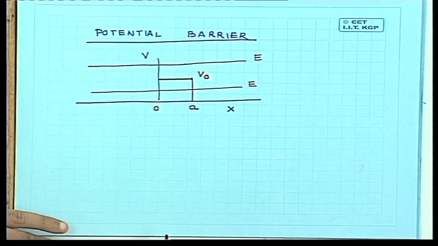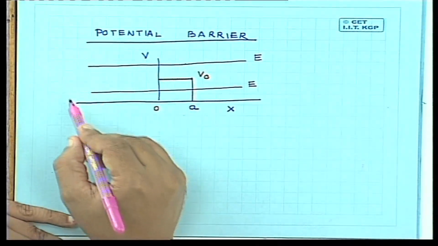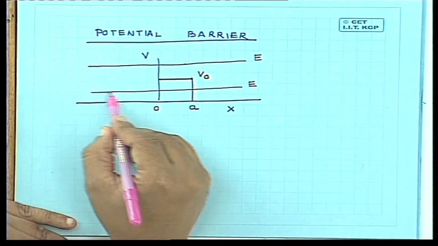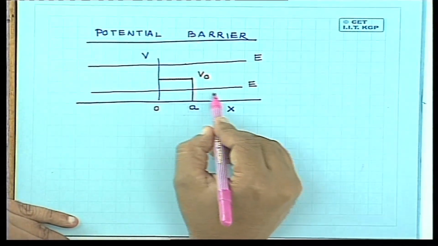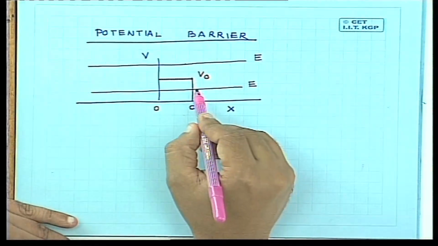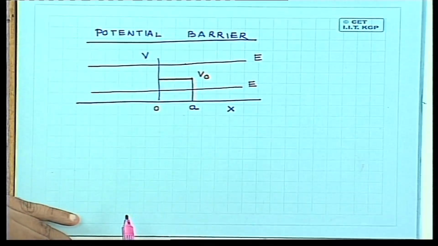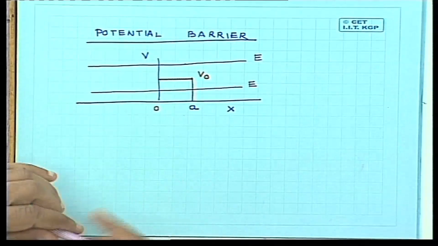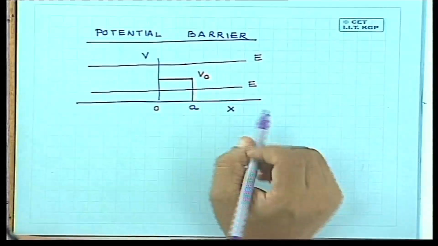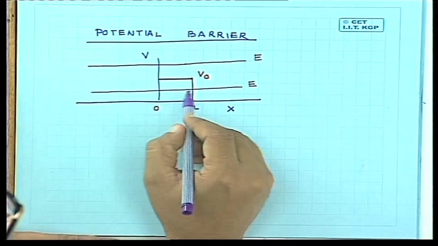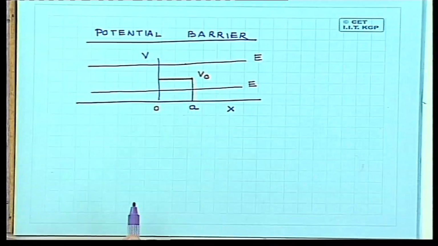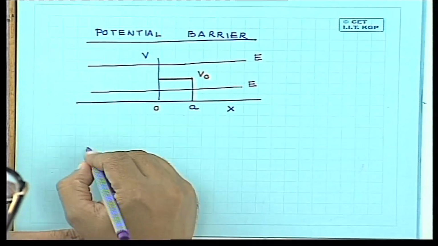In quantum mechanics, we shall see that there is a probability of a particle coming from this side to cross this barrier and appear on the right hand side. This is an effect known as tunneling, and we shall study this also. Why this effect occurs is very easy to understand. Suppose the energy is less than V naught. On the left hand side the wave is going to be oscillating.